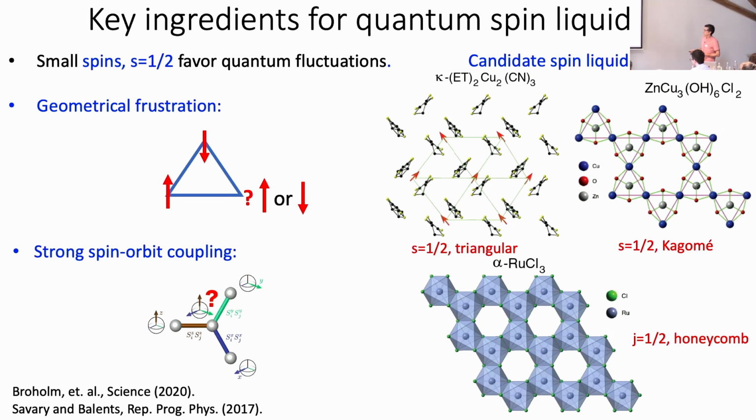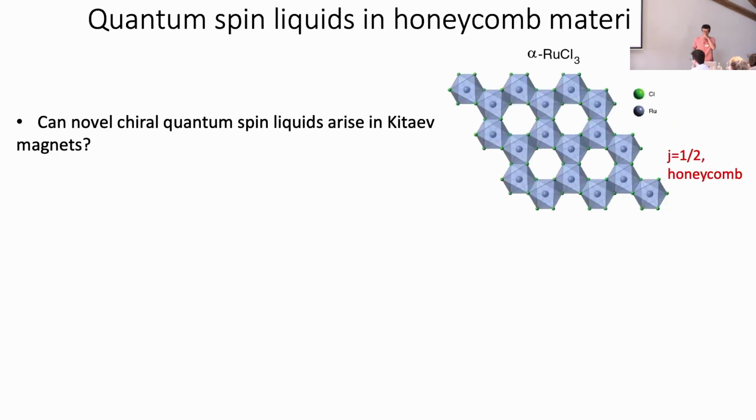And in the case of the honeycomb lattice that was just introduced, the alpha ruthenium chloride, we effectively have total J equal to 1/2 on a honeycomb lattice, and the interactions due to the spin-orbit coupling are behind the formation of the spin liquid, because we have a strong frustration of the spin ordering.